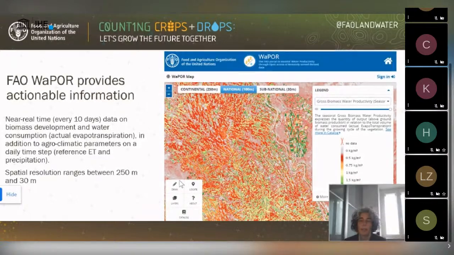You can see that, for example, those darker green spots on the right of the map are commercial farming, mainly sugarcane, where the water productivity is higher, while in the other parts of the scheme, where it's green, it's more than 2 kilograms of biomass per cubic meter of water consumed, while in other areas it's not so well performing. So with this type of information, you can already start planning your intervention or targeting areas with water productivity gaps.